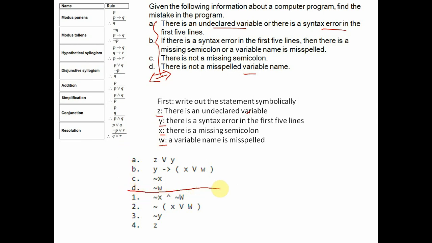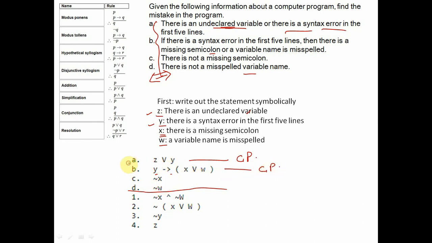There is an undeclared variable Z, or there is a syntax error Y. So this is the given premise. If there is a syntax error Y, it implies there is a missing semicolon X, or a variable name is misspelled W. So this is again the second given premise.